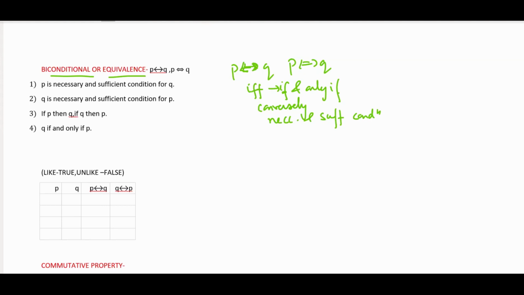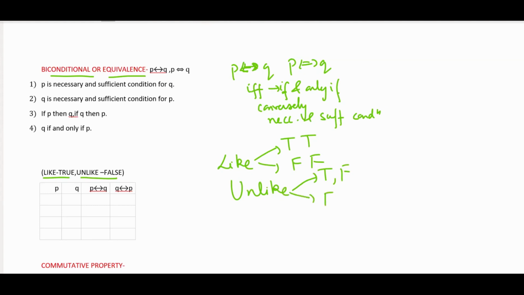Now, the truth table of this biconditional or equivalence relation: I have written a shortcut here. Just keep in mind that for like cases my answer is true, and for unlike cases my answer is false. Like means true, true, false, false. And unlike means true, false, false, true. Now look, what is written here?